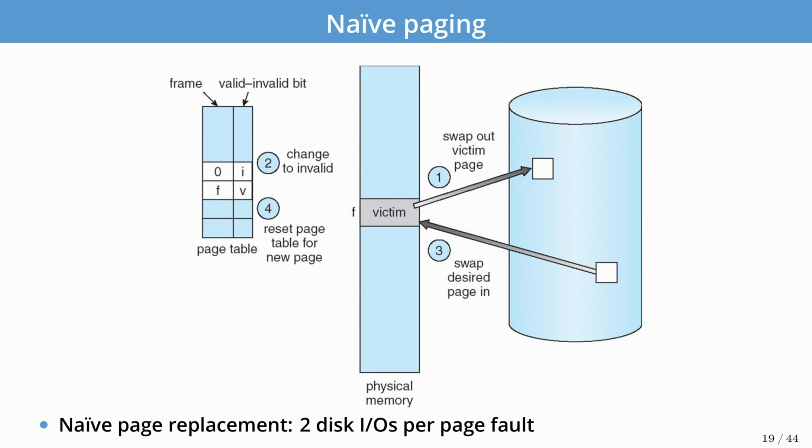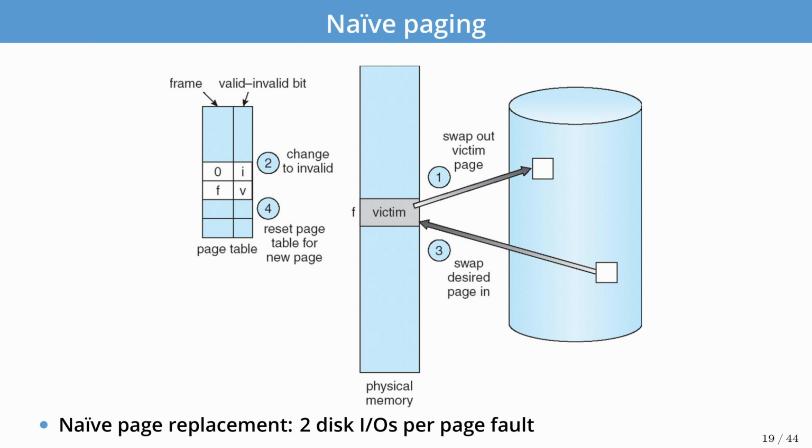This requires us to do 2 disk IOs per page fault. We'll see this more when we get to the storage lectures in a couple of lectures, but the problem here is that on a traditional spinning disk, we really should only expect about 100 to 200 disk IOs per second.